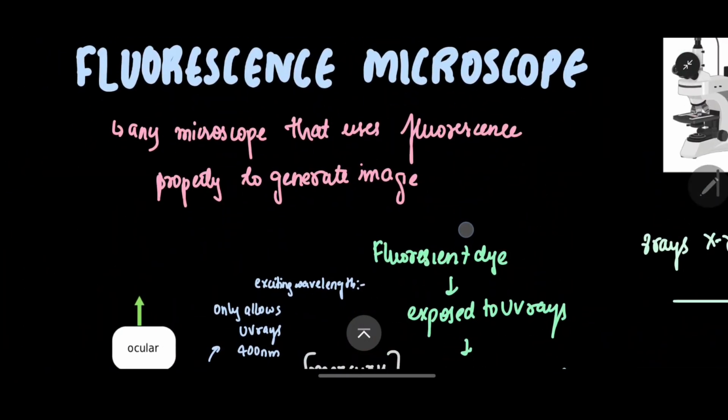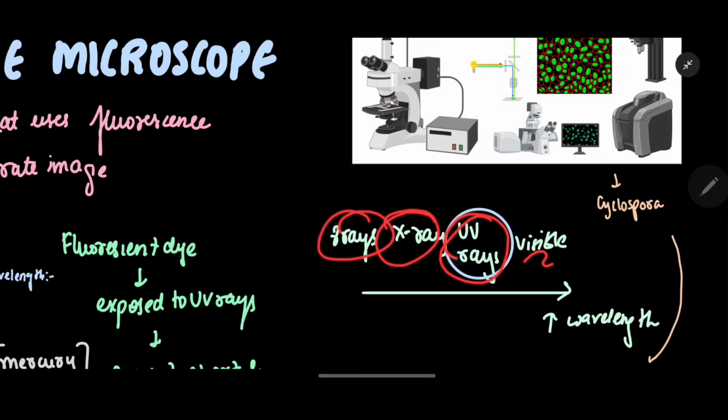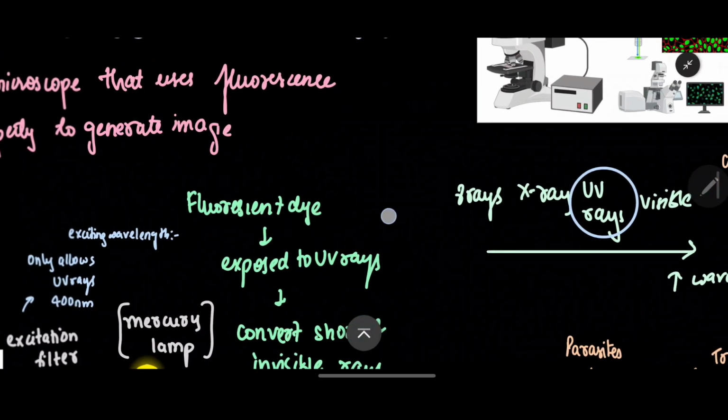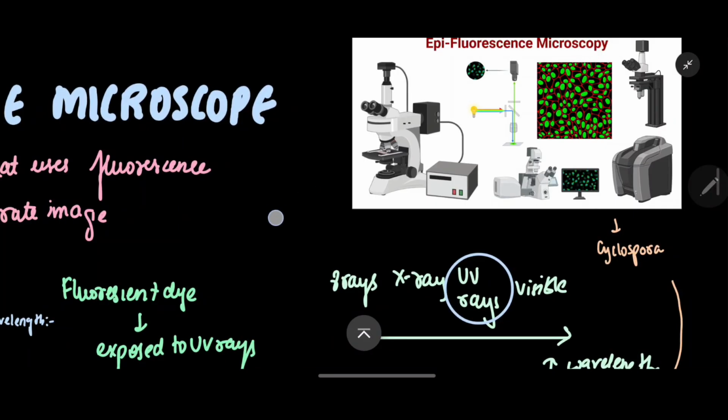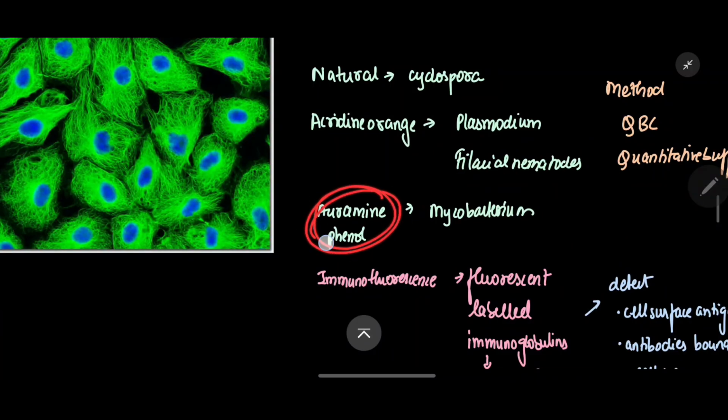Before we go to the principle, we need to understand that there are different types of rays. There are gamma rays, X-rays, UV rays, and then there is visible light. Just before visible light we have UV rays, which are around 400 nanometers, and these are not visible to our naked eye. But when we take some cells and dye them with fluorescent dyes, there are different types like acridine orange and auramine phenol.